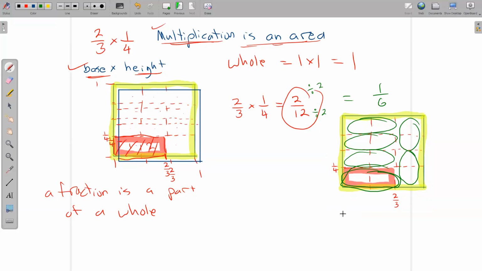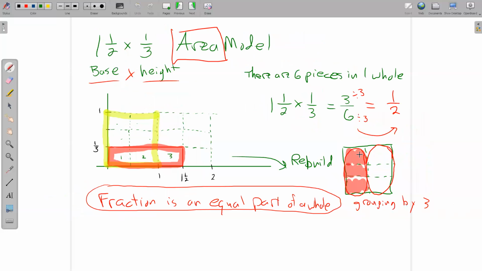And in order to do that, I have to look for groups of 2, which justifies my division top and bottom by 2. And remember, we did a similar thing with the last problem. Over here, I was able to find groups of 3, which relates to those 2 divisions up there to reduce. So you can reduce if you can find groups in your image.